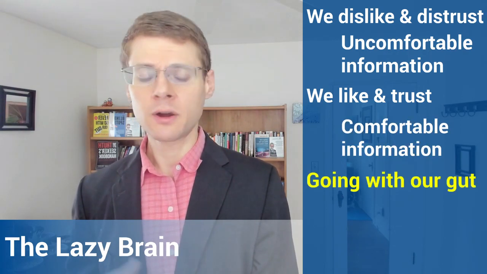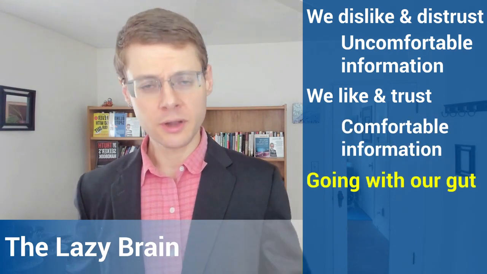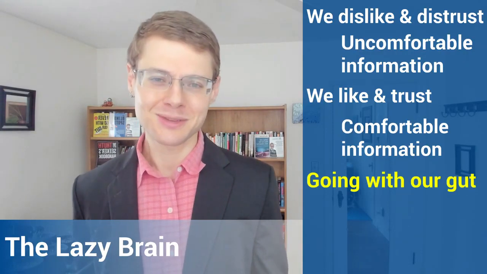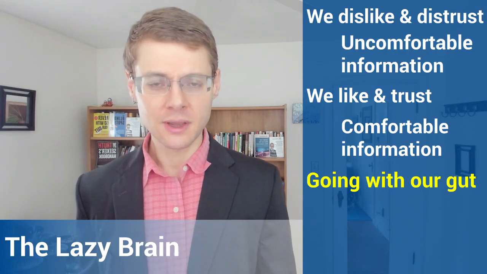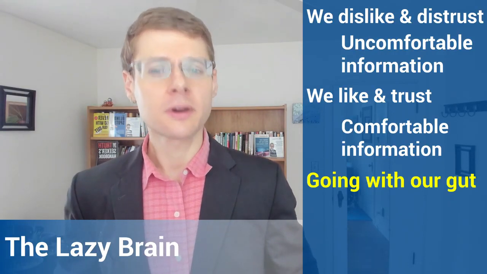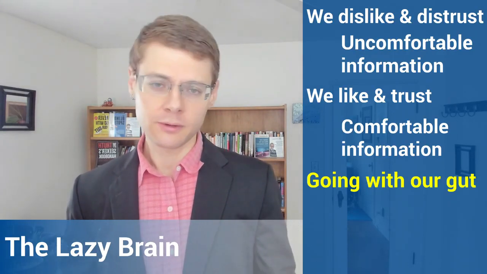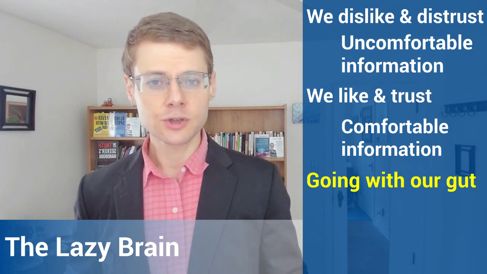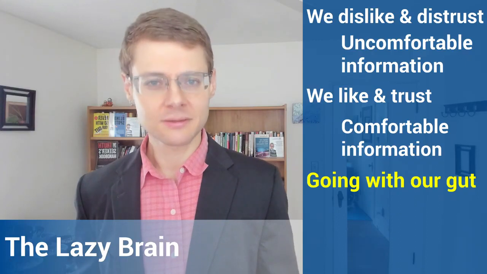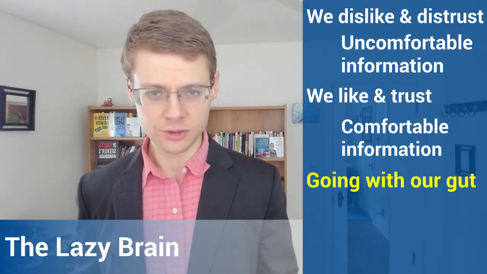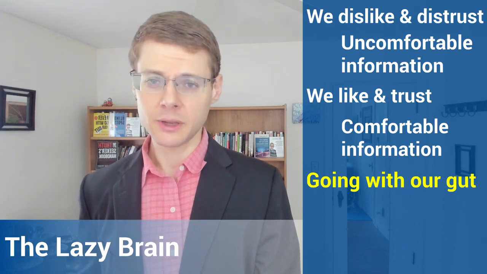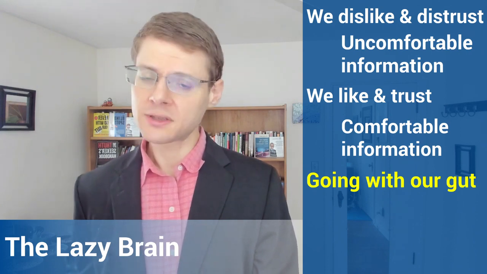What does it mean for information to be comfortable for us? It means that it feels good in our gut, however you define gut, heart, whatever. The information makes you go, yes, this is right, this is good, this is true. That is the feeling of information that you inherently like and trust.